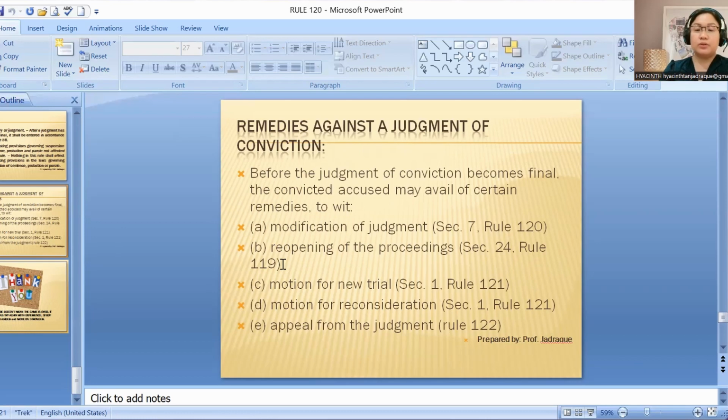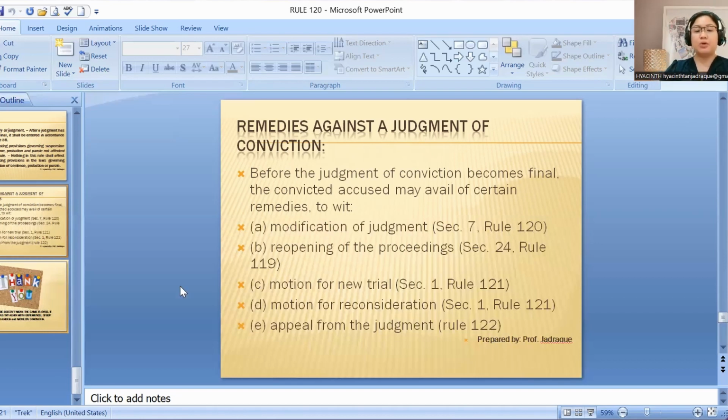So you just have to move for its reopening. Meaning to say, even if you already formally rested your case, but if it would end up depriving the accused of the due process or justice he deserves, the court would reconsider and reopen, allow you to present further evidence.